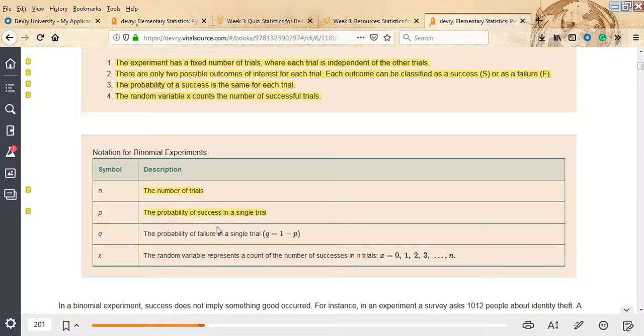And the success is denoted as P. That's the symbol that's used in indicating that, yes, this is a success. It meets the criteria that we've set out in the problem. And Q then, of course, is the probability of a failure in a single trial. So Q, again, equals 1 minus P. So P and Q are pretty straightforward. It's either success or a failure.